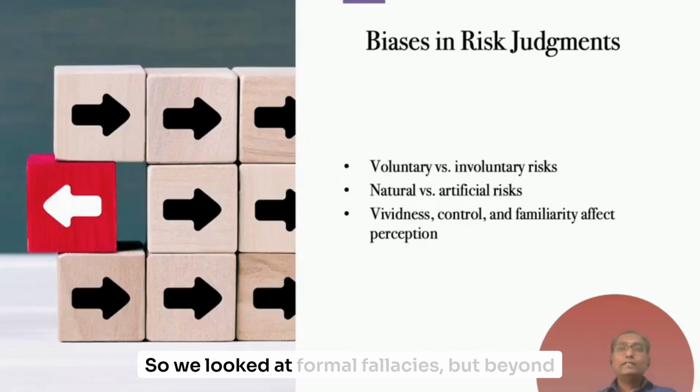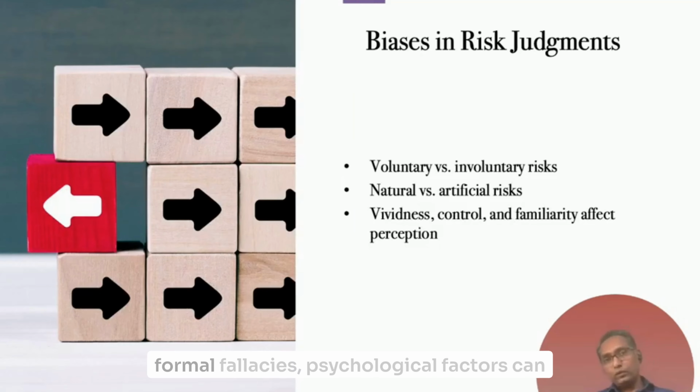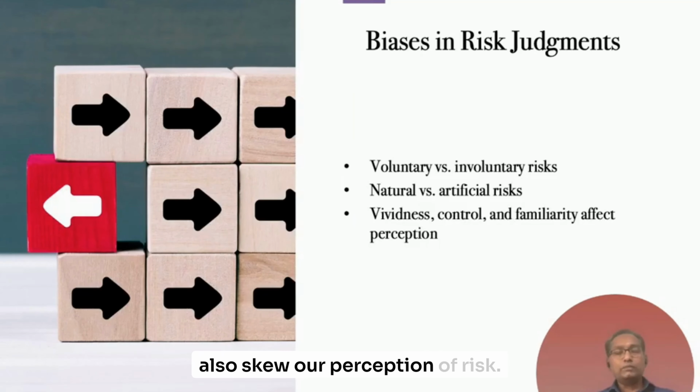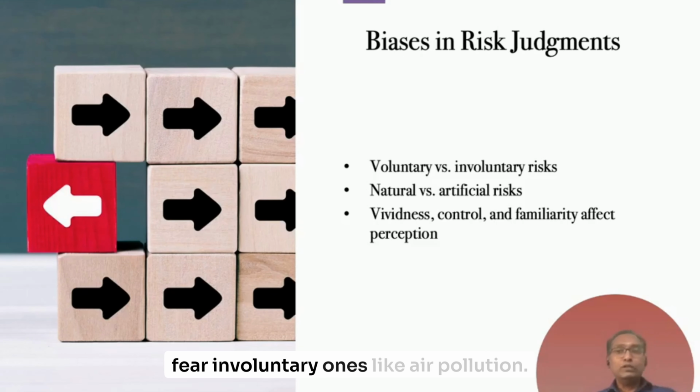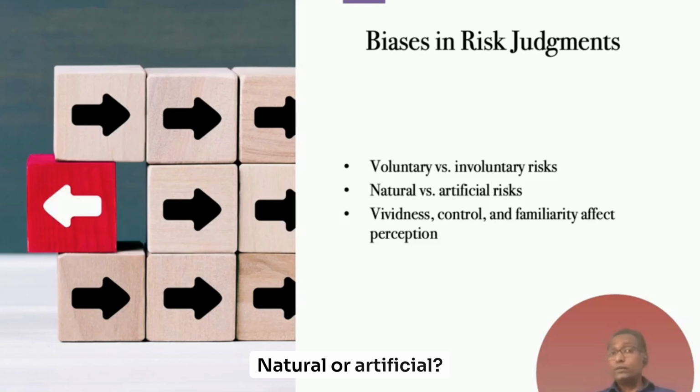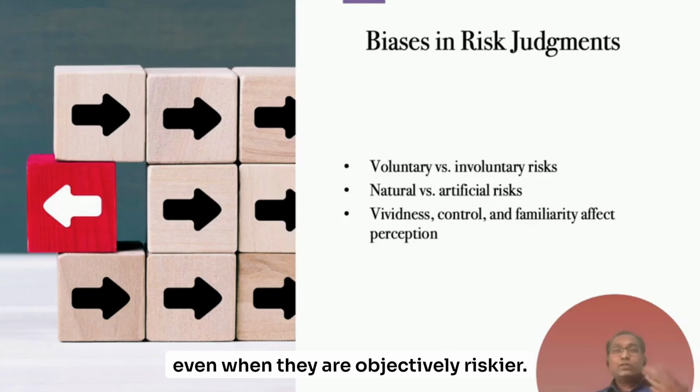So we looked at formal fallacies, but beyond formal fallacies, psychological factors can also skew our perception of risk. Let's look at a few examples. Voluntary versus involuntary. We accept voluntary risks like skiing, but we fear involuntary ones like air pollution. Natural or artificial. Natural hazards feel safer even when they're objectively riskier.